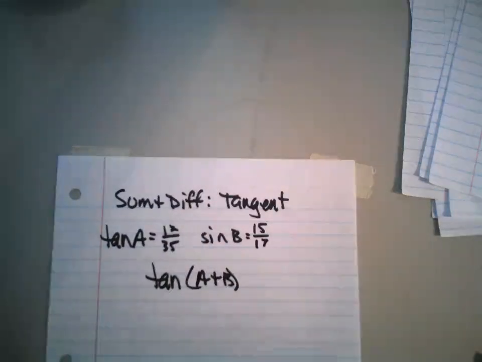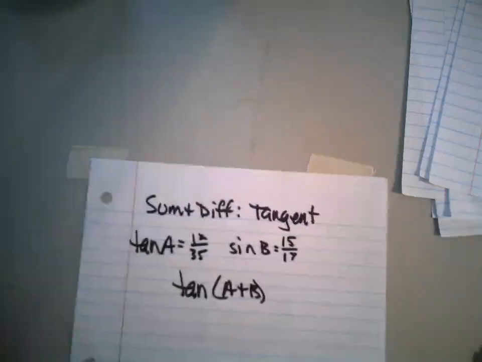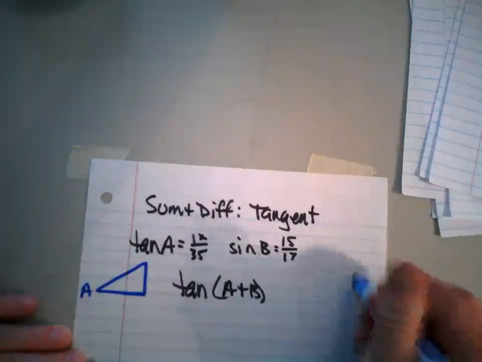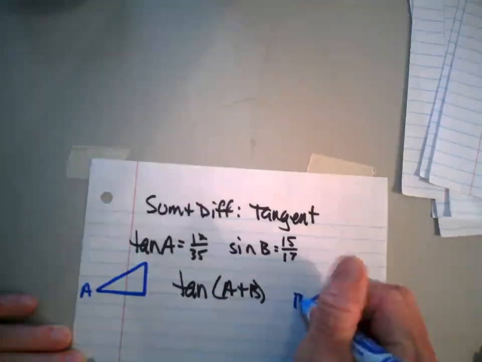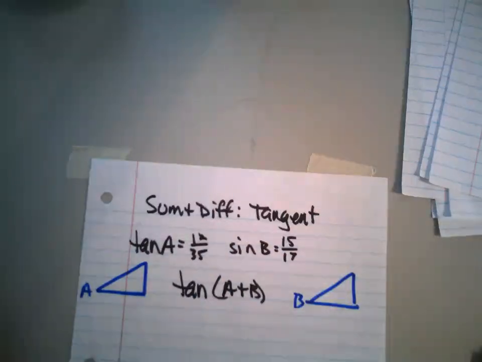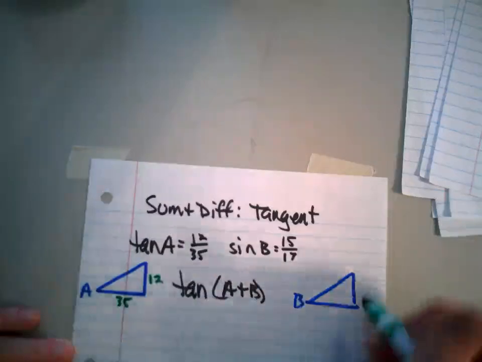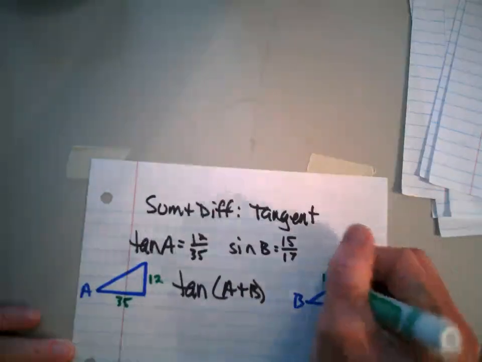Now, you may have to look up, hopefully you have the sum and difference formulas written down from last Thursday, April 2nd. So you may have to go and look those up. All right, a couple of first quadrant triangles. Get some information here. Tangent, 12 over 35. Sine, 15 over 17.